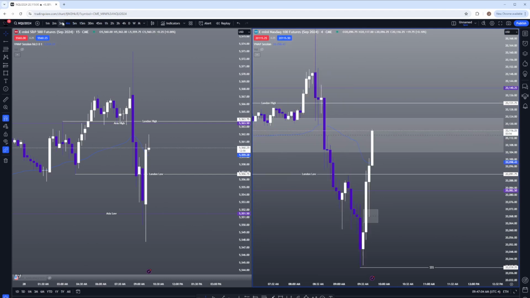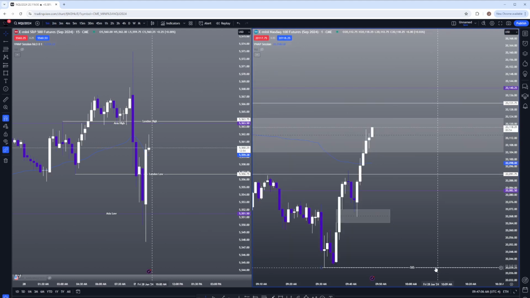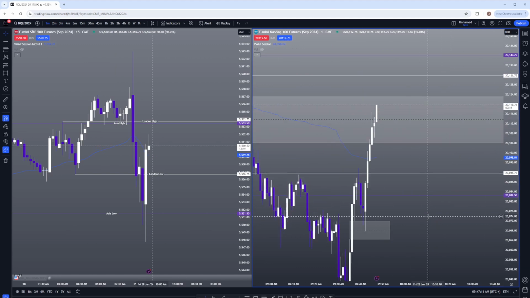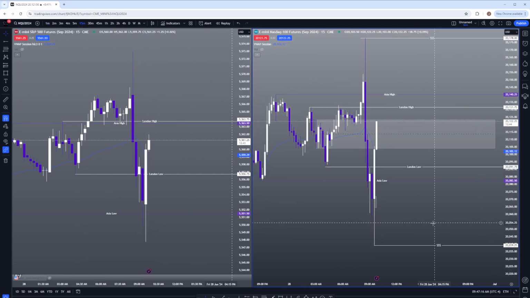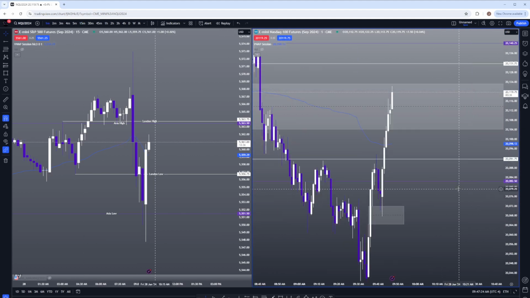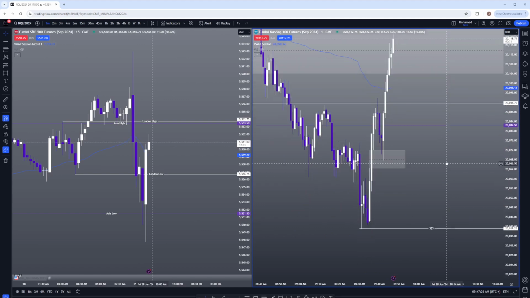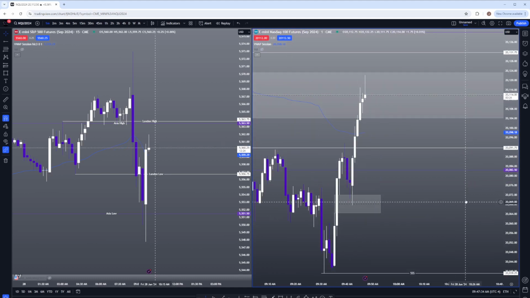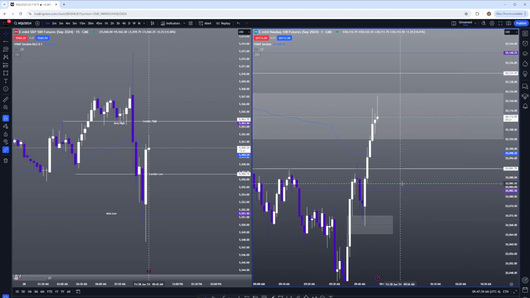Still very bullish right now. Trying to push through all of this resistance up top. Let's see how much strength it shows.